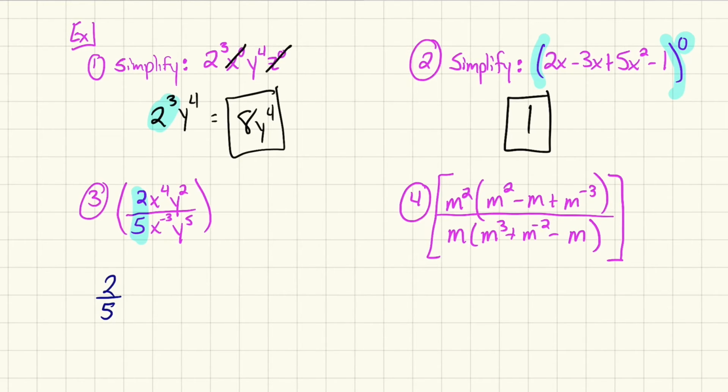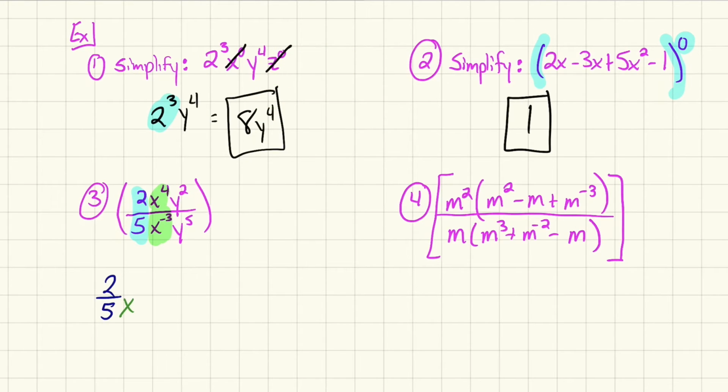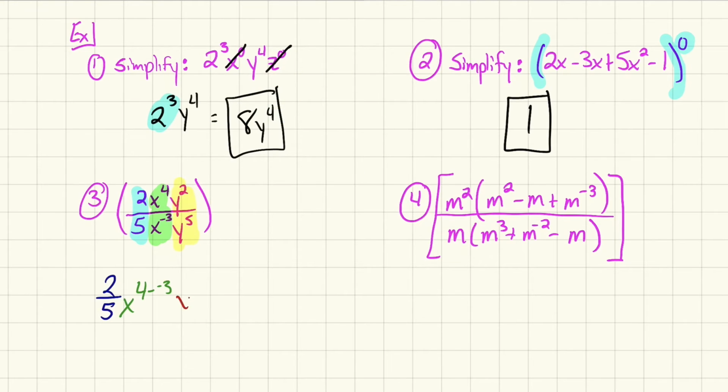From here, we move on to our x's, and we remember with division, anytime we have x's, we subtract exponents, so that gives me 4 minus negative 3. And then finally, we move on to our y's, and again, we're subtracting exponents here with y's, and that's going to give me y to the 2 minus 5.